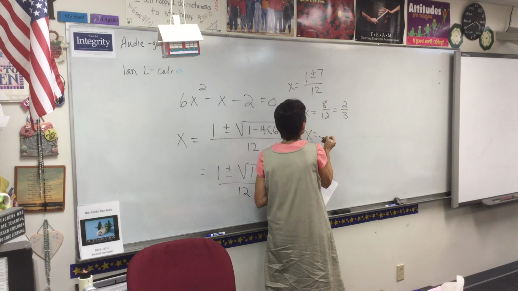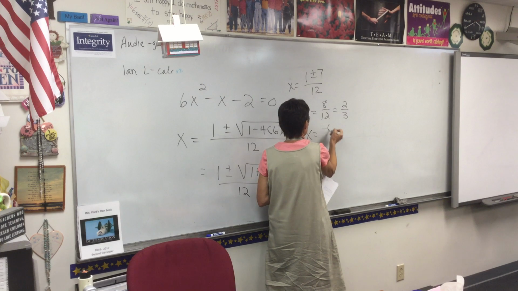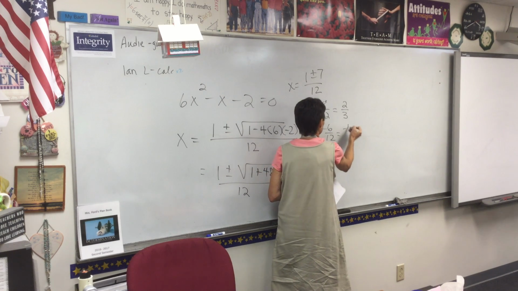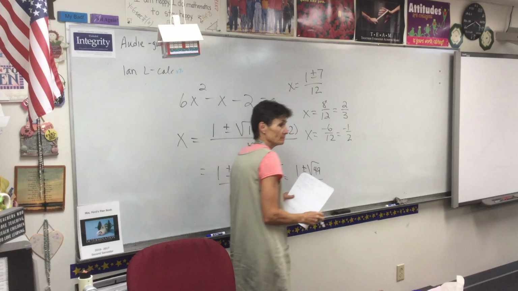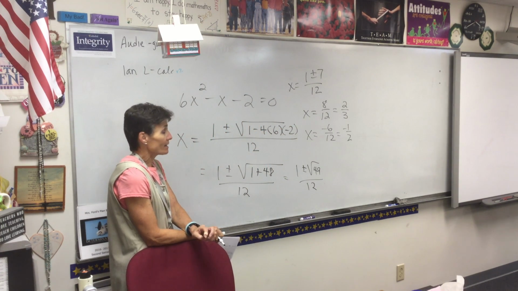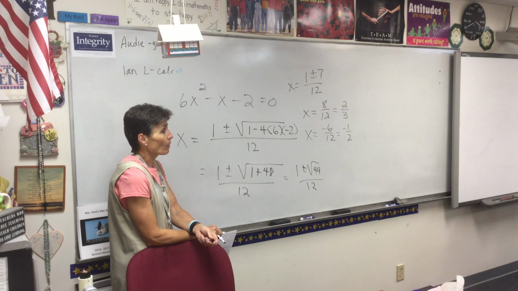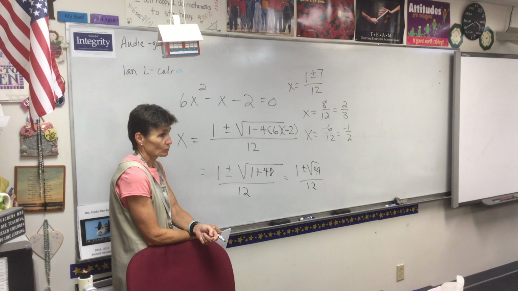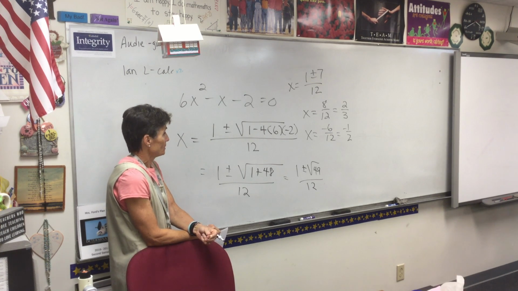And 1 minus 7 over 12, which is negative 1/2. Yep. Since I got nice, neat little answers like that, I know I could have factored it if I would have tried to. This one would factor, but they don't all. But this one does. Any question about that?